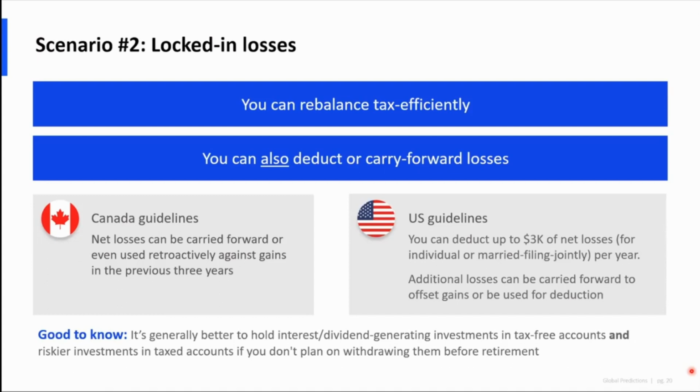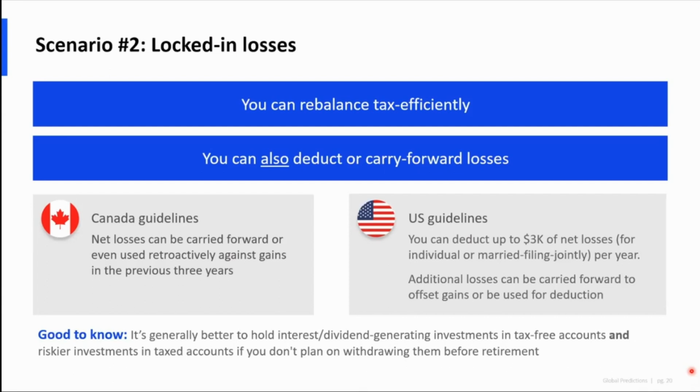In the US, there's something that's maybe even nicer, which is that you can deduct up to $3,000 of net losses. So if you have more losses than gains, those are net losses. And by the way, there are different categorizations, but that's for individuals or married filing jointly. That gets deducted out of your ordinary taxable income. So for instance, if you were paying a 33% effective tax rate, just to make the math easier, and you were able to max out this deduction, you'd save $1,000 just by having $3,000 of losses this year.